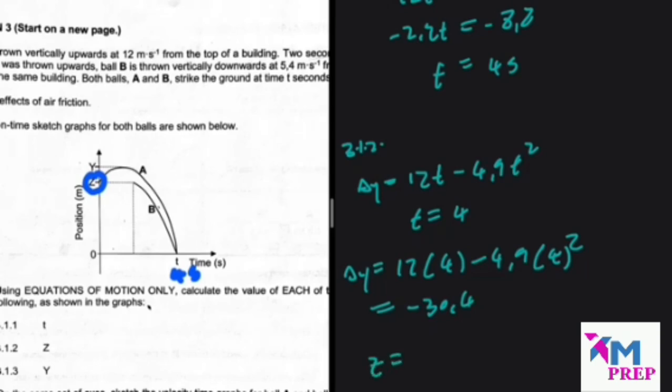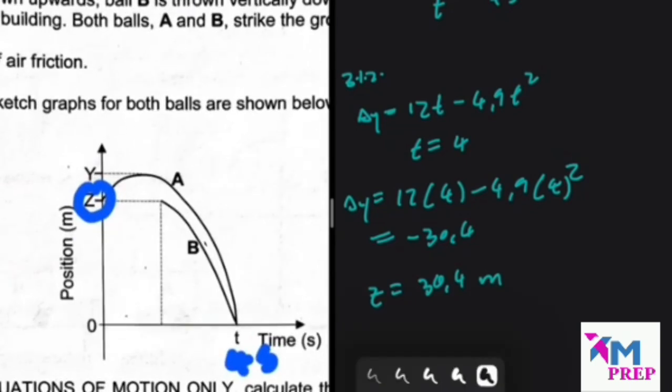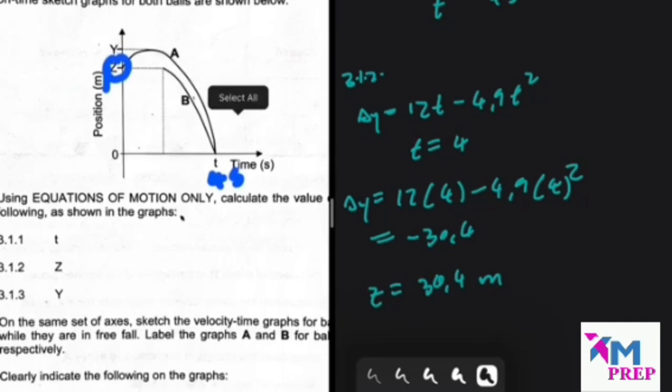So z is 30.4. It is in meters, but z is just going to be 30.4, because the meters is already in the brackets there. So the two balls are projected 30.4 meters above the ground.